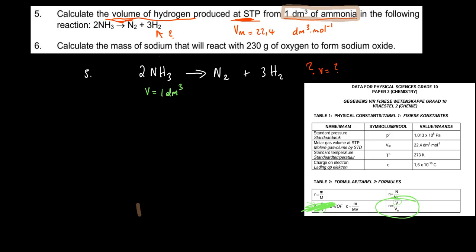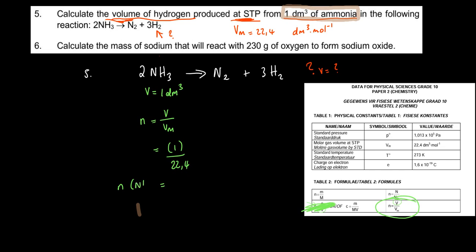So we use n equals V over Vm, and I believe that's what Miss Ria said. So the volume is going to be 1, and then the molar volume, your Vm, remember it's this one, which is 22.4. So you write 22.4, and then you use your calculator to get, remember these are the number of moles of ammonia.